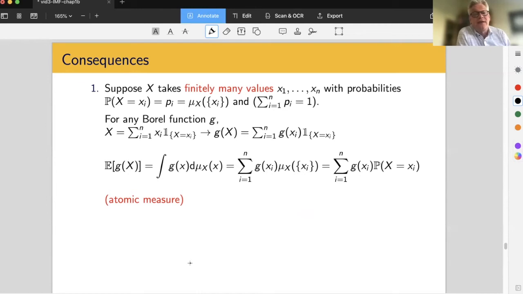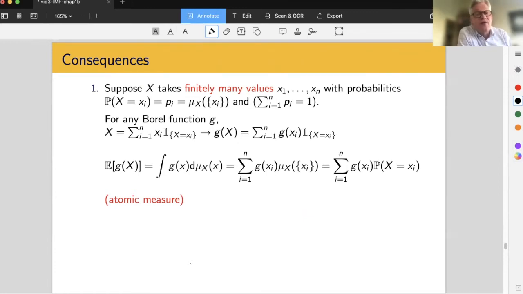And here we have that the sum of i from 1 to n of pi is equal to 1. Then for any Borel function g, we can use for X simple functions, so the sum of i = 1 to n of xi times the indicator function that X is equal to xi.